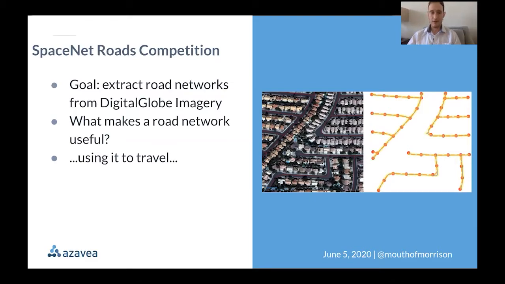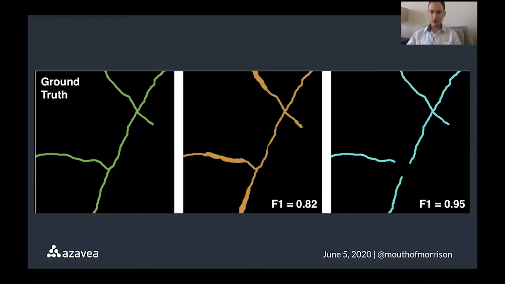that allows us to then use them as a tool for logistics. So they looked at using F1 score for the competition that they were running, and they found that with F1 score, you could have a fully connected road network that was sort of sloppy around the edges, and it would have a worse F1 score than a road network that was very precisely drawn but had a bunch of gaps in it.